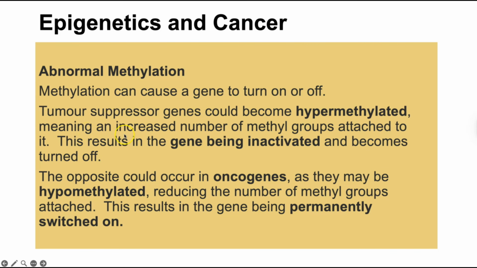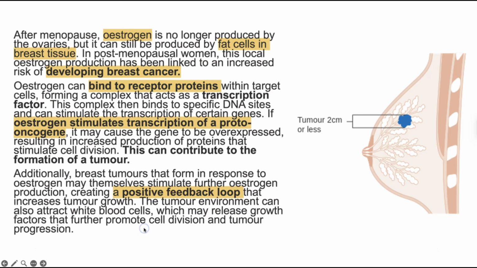The transcriptional factor can't reach the tumour suppressor gene, and the gene is not transcribed. So it means you don't get that protein that's needed to control the cell cycle. Or the opposite could occur in an oncogene, as it might be hypomethylated, meaning you don't have enough methyl groups binding, and as a result, the gene is permanently being transcribed.